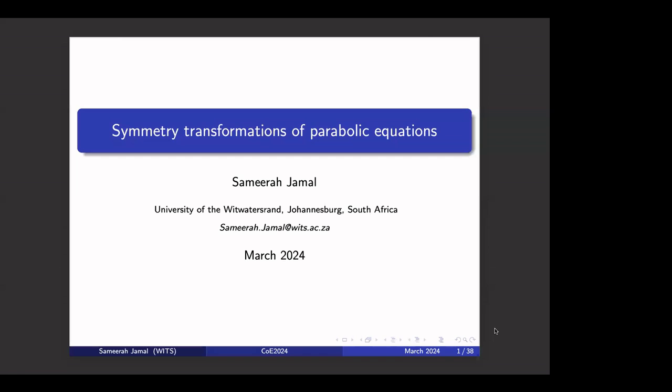This came about due to one of my PhD students who has a full-time position in industry, in the banking sector, and he wanted to explore equations in finance in particular. So we started looking at a whole bunch of finance equations, and many of them are parabolic in nature. So this is why I've decided to speak about this part of my work in today's presentation.